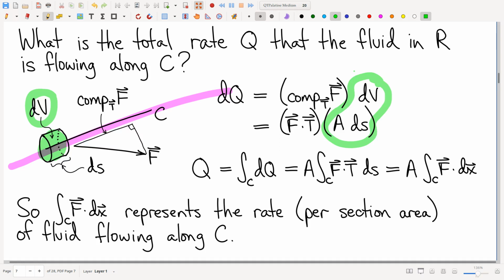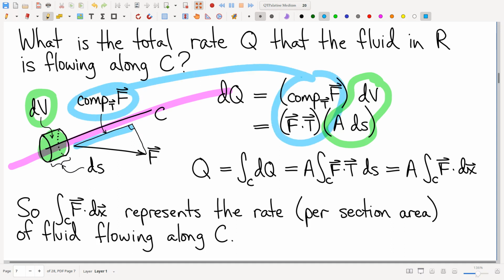I can pretty easily write down the extent to which that fluid is flowing along the curve. The extent to which the fluid is flowing along the curve is going to come from looking at the velocity. And keep in mind, our vector field represents the velocity of the fluid. So that's the direction the fluid's actually going. But again, we are interested only in the along-the-curve portion, which is this component, which is computed like so. Is that cool?